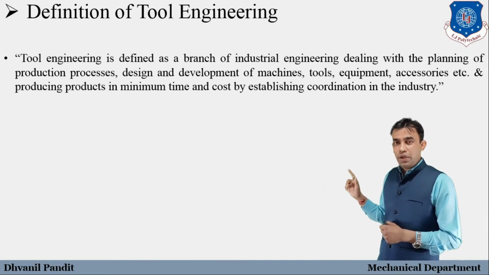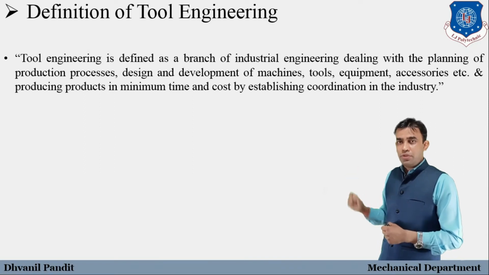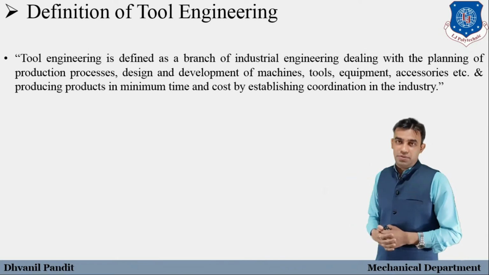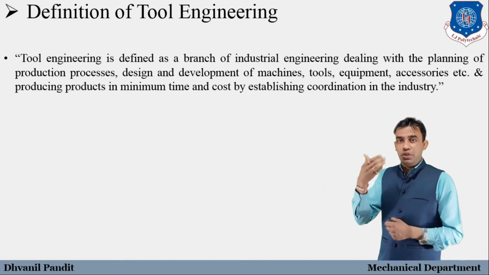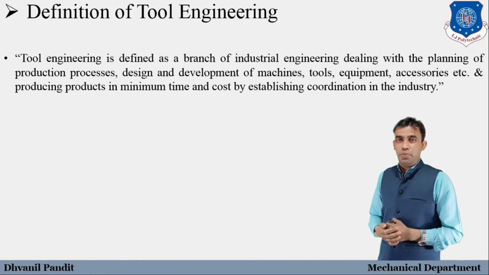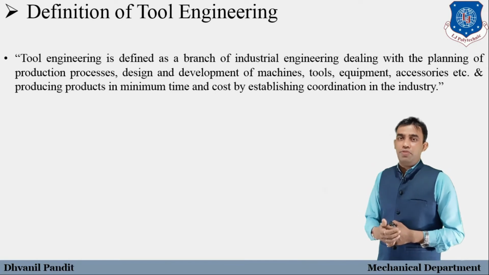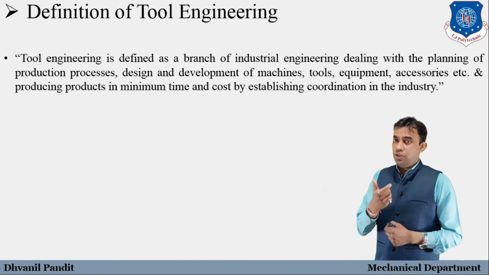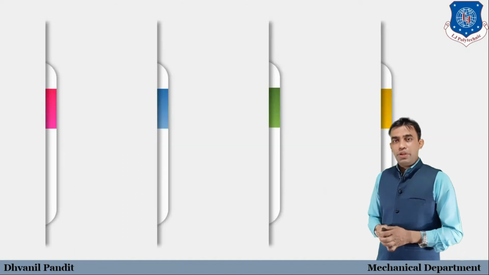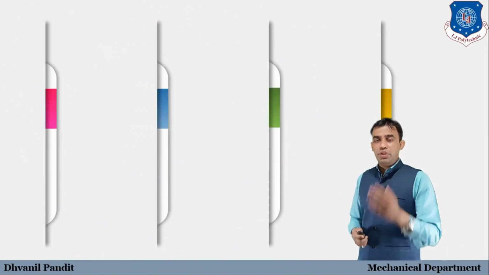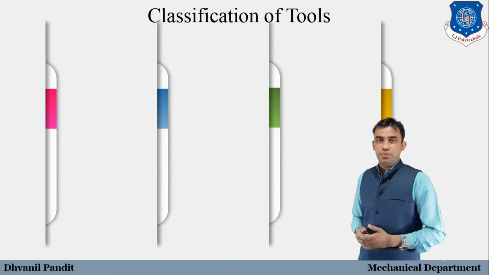And the third part is producing the products with minimum time and cost. If I combine these three parameters, I can precisely define the word tool engineering. Right, friends? Now let's discuss the classification of tool.